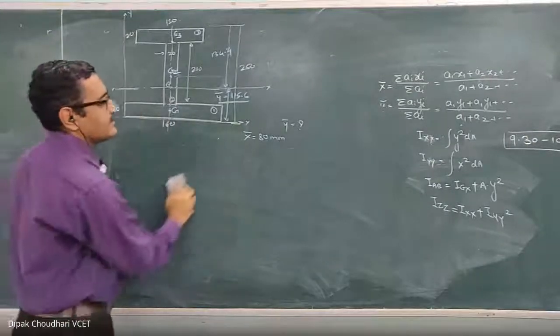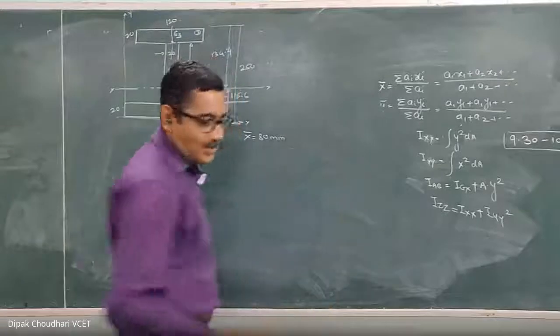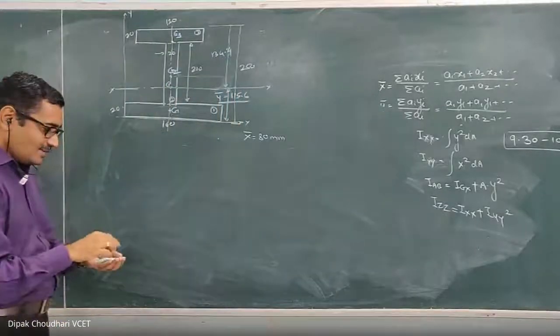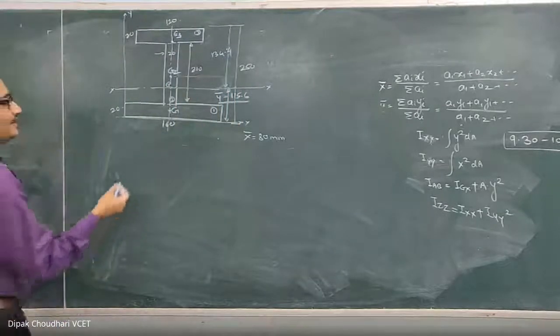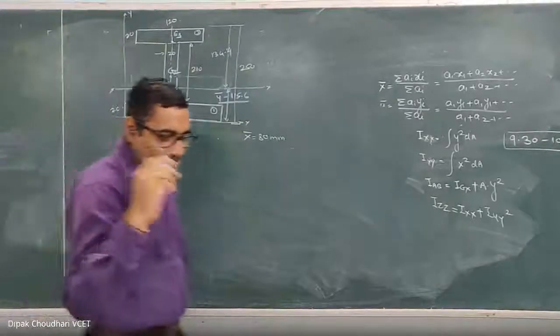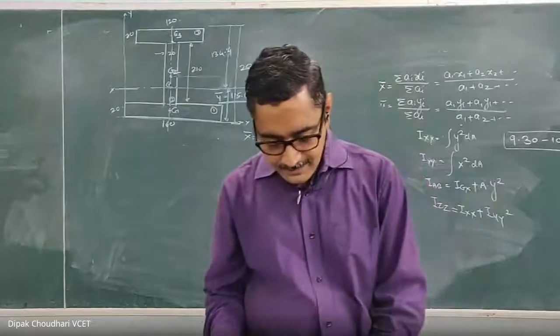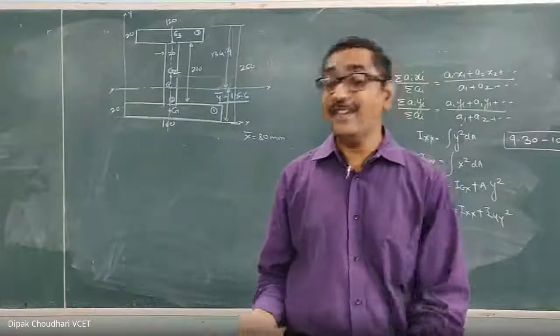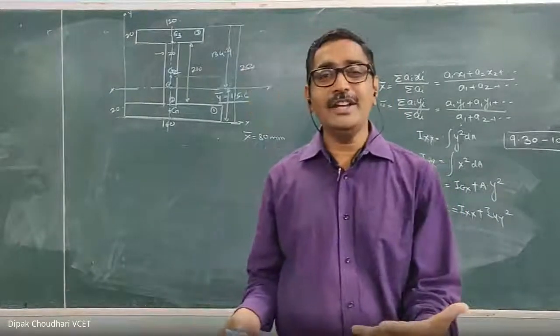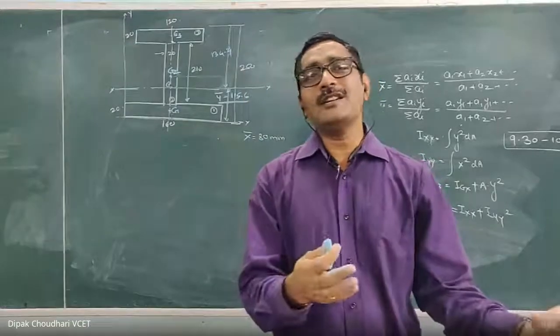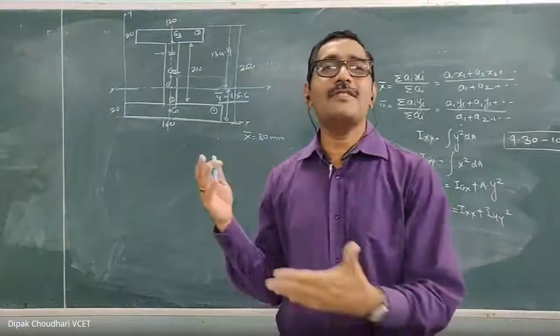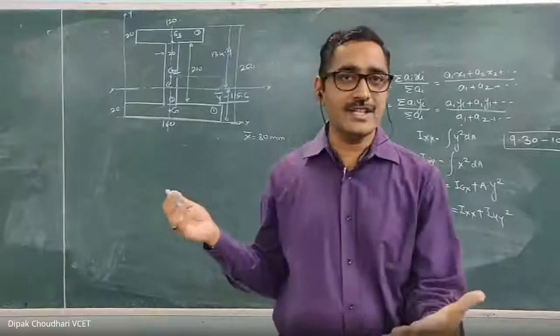Now let's calculate the moment of inertia about this centroidal axis. Now this is the new part for you people. I told you yesterday that the calculation of the moment of inertia is just similar to the calculation of the area. It is a scalar quantity, and similar to the calculation of the area, we can add or subtract the moment of inertia also.